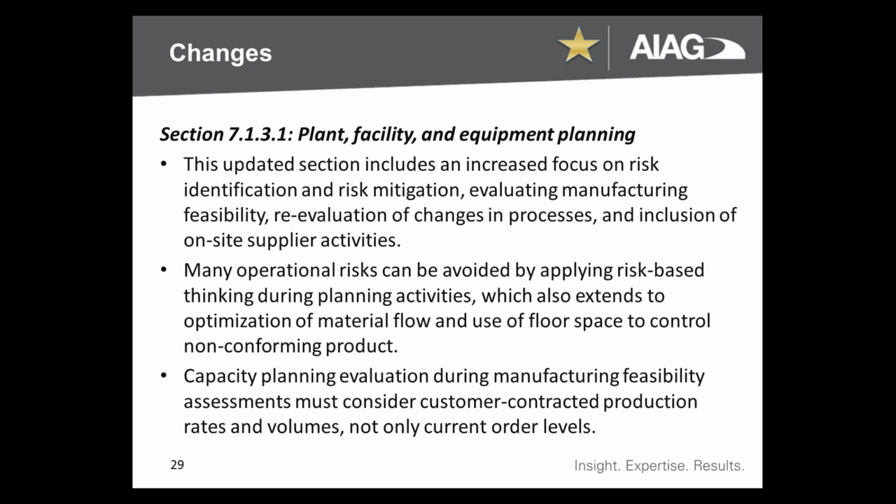And the idea is that many operational risks can be avoided by applying risk-based thinking during planning activities, extending to optimizing material flow and value-added use of floor space. A capacity planning evaluation that occurs during manufacturing feasibility assessments must consider customer contracted production rates and volumes, not only current ones.